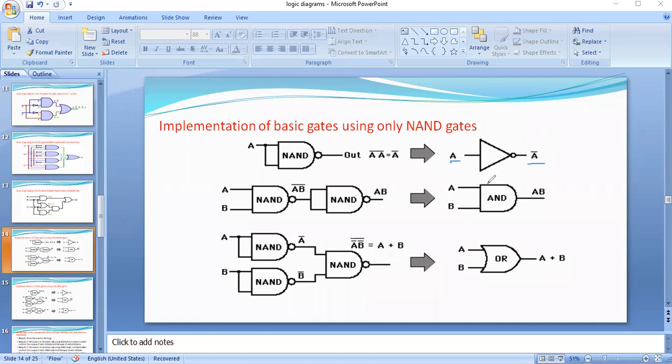If we want to implement this operation using a NAND gate, I'm drawing a NAND gate here. For a NAND gate we have two inputs, so what I'm doing is shorting these two inputs and taking them as a single input, that is A.